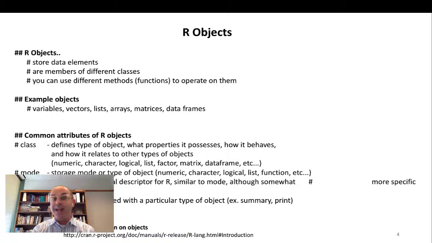So the common attributes of R objects are a class, a method, and a type, and we will go over that. This is from the Introduction to R language document that is posted on CRAN. This is a good reference for our discussion today.